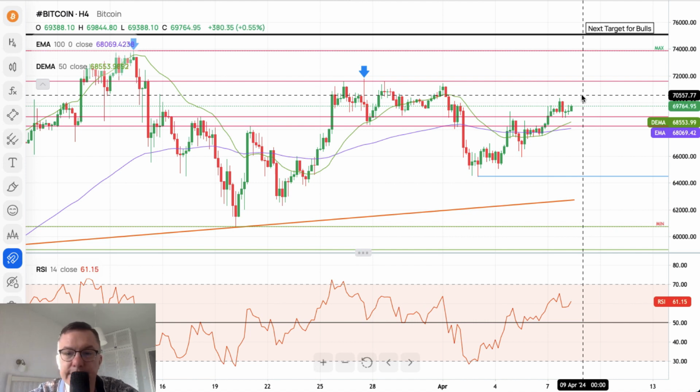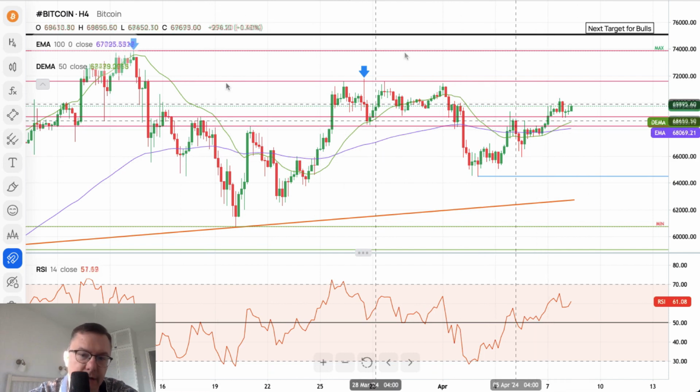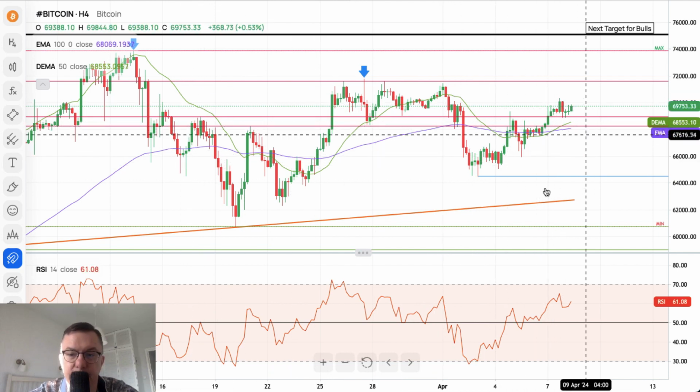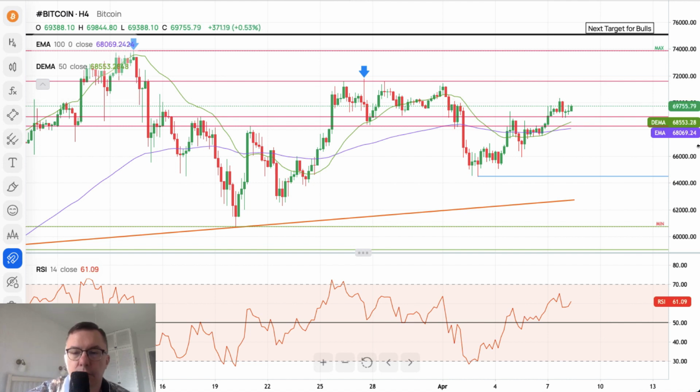For now, the outlook is neutral to bullish, because we are still oscillating, consolidating in this very, very narrow range. 11 days to halving. We will see what the Bitcoin does next. In the background, there is a strong, almost parabolic uptrend in the long term and the midterm as well.